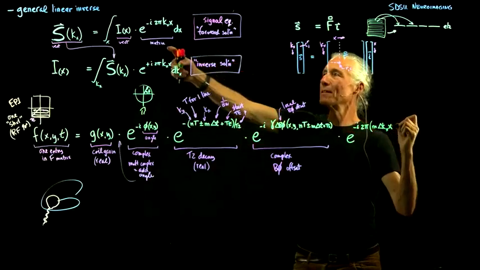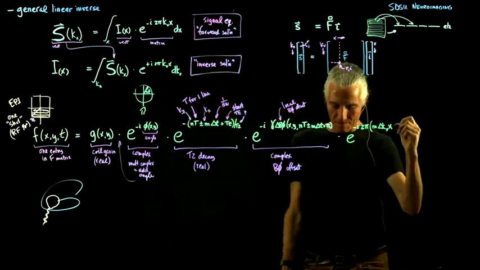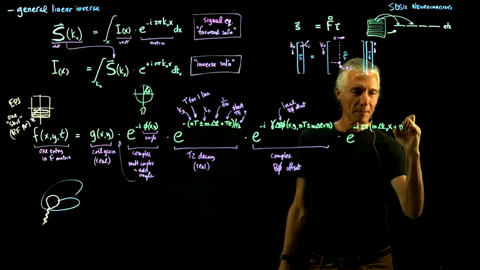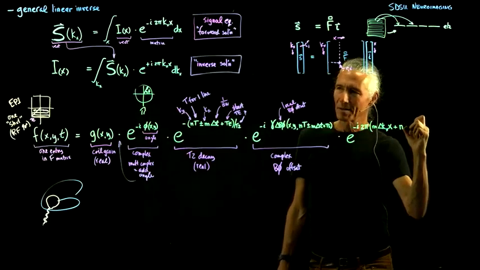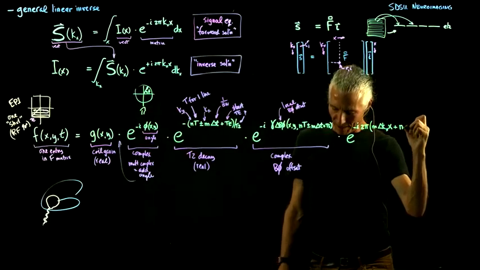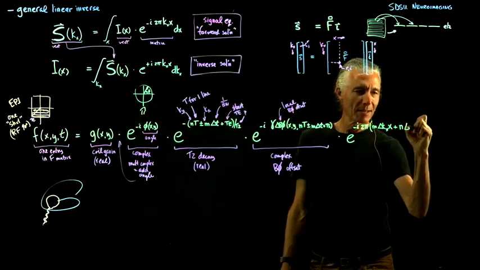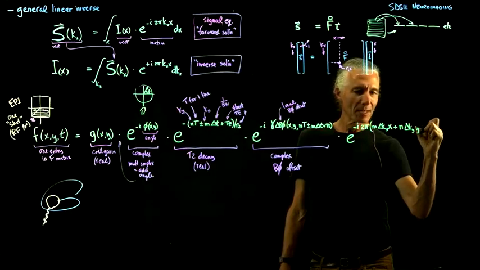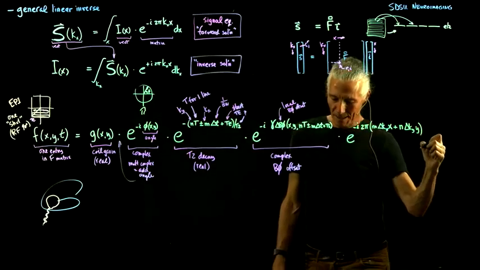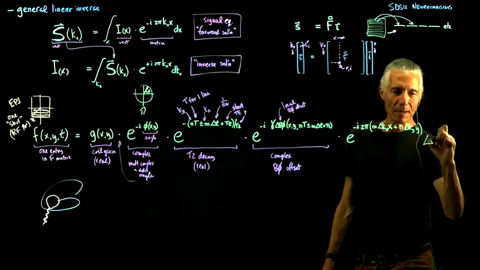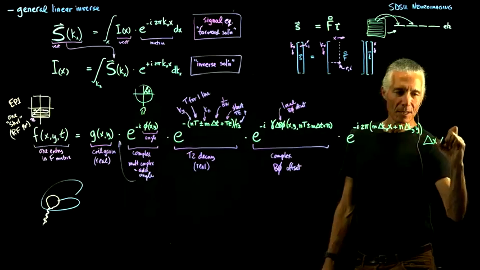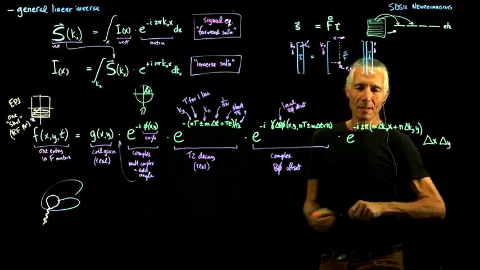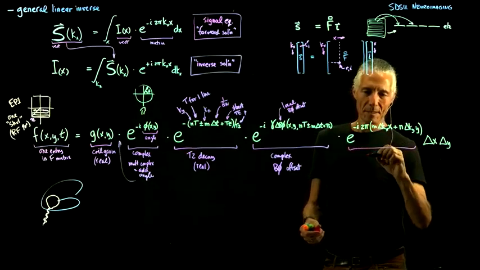So that's these guys, plus, all factored in because we're going back and forth, plus n times delta ky times y. And then this whole thing multiplied by our image increments. So these are the perfect stripes.